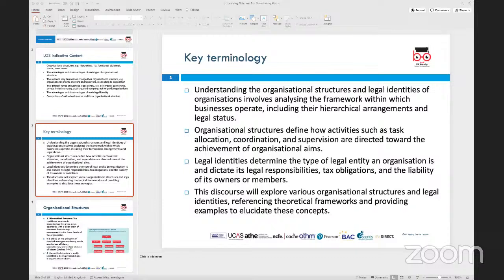Now, companies can be set up in different structures and different status. As I mentioned earlier, they can be set up as sole traders, partnership, limited liability companies, limited companies, PLCs, or large public limited corporations, private limited corporations, not-for-profit organizations, commercial or social enterprise, charities.